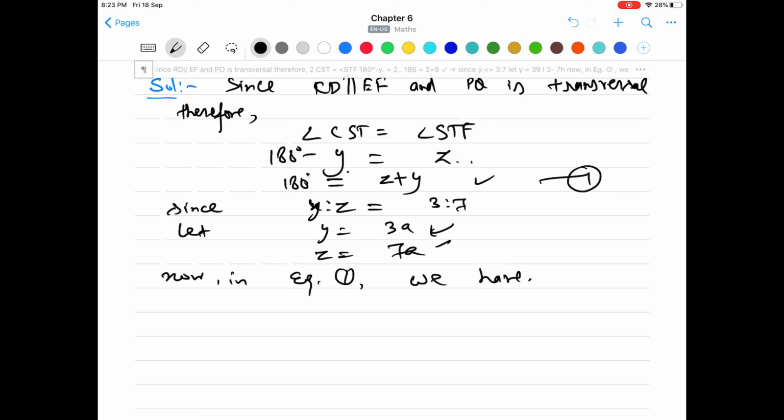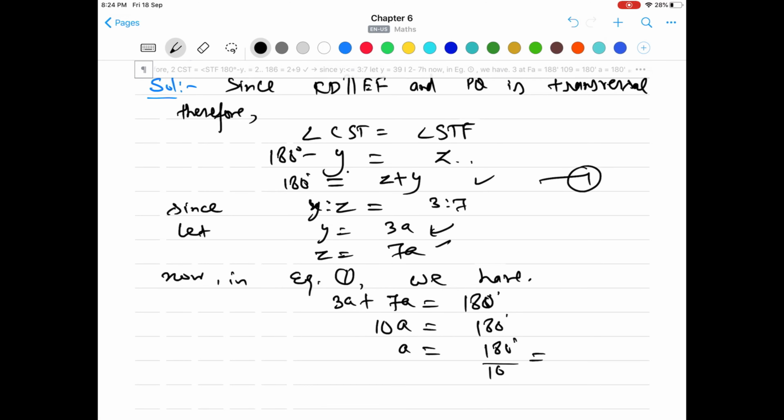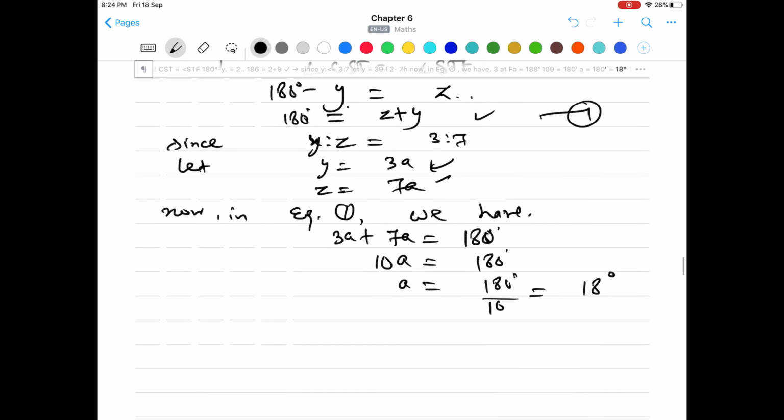At the place of y we will write 3a, at the place of z we will write 7a, equals to 180. So from here 10a equals 180, or a will be equal to 180 degree divided by 10, equals 18 degree.